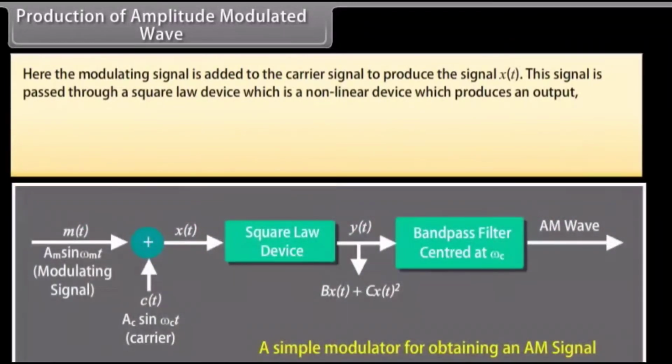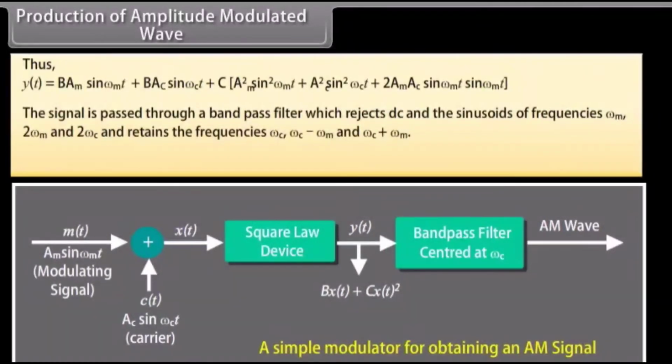Production of amplitude modulated wave. Here the modulating signal is added to the carrier signal to produce the signal x(t). This signal is passed through a square law device, which is a non-linear device that produces an output given by y(t) = b x(t) + c x squared(t), where b and c are constants.